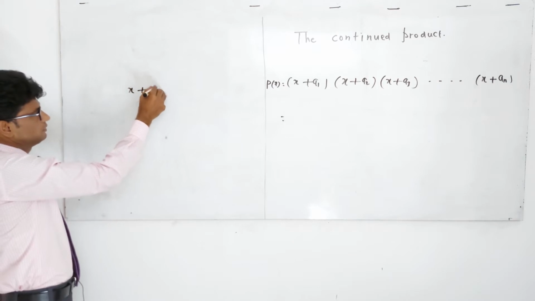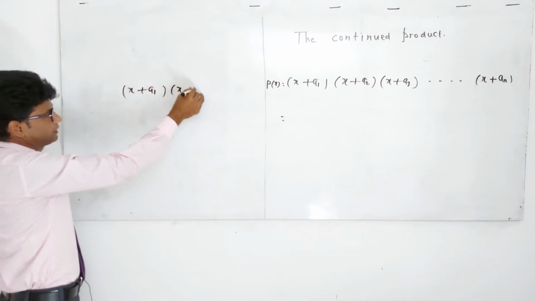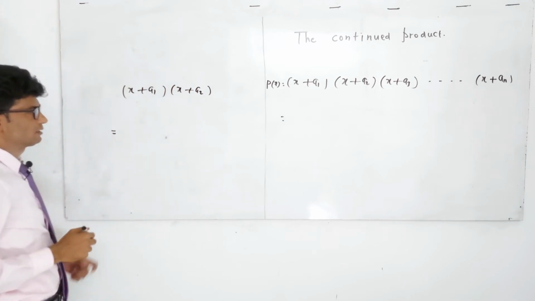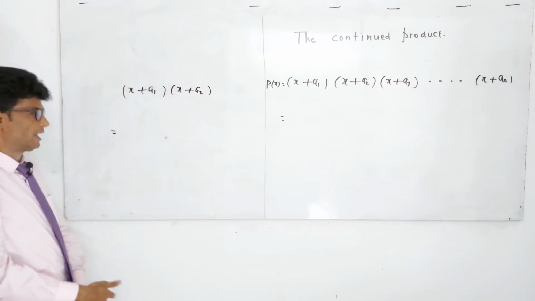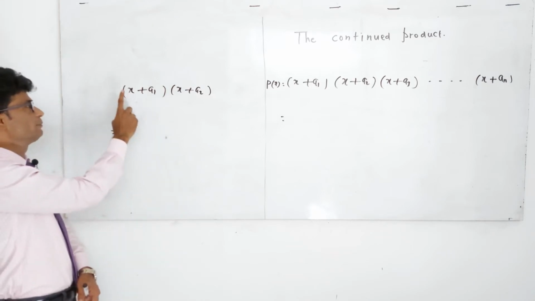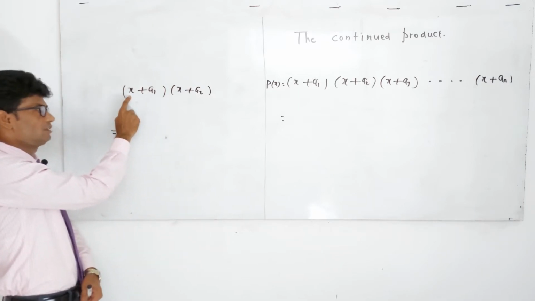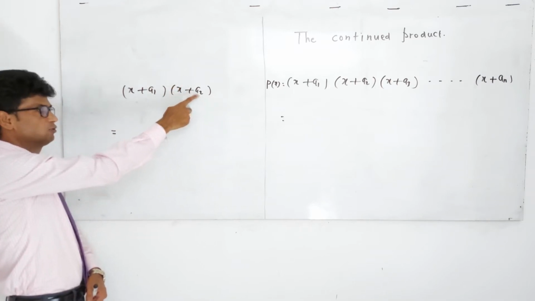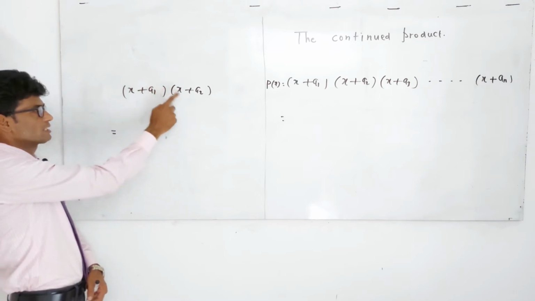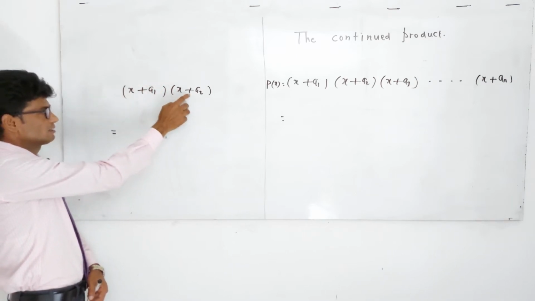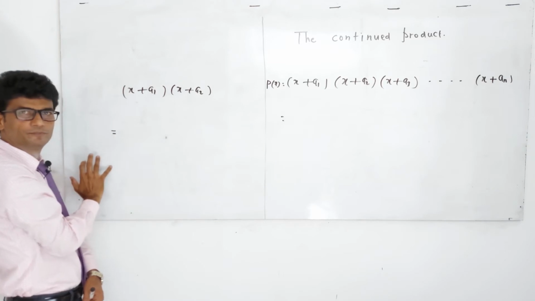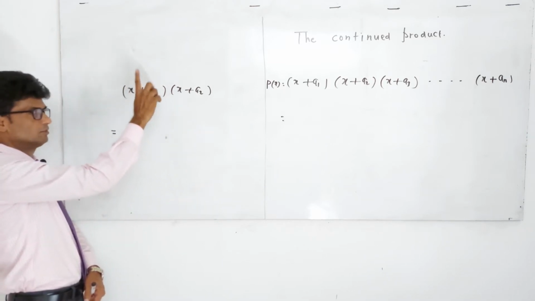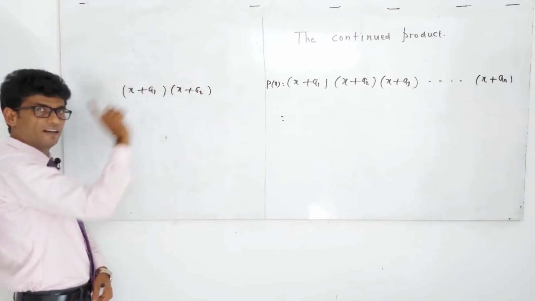x plus a1, x plus a2. So we want to multiply it. We have a general rule. First we multiply the first term with the first and second terms of the second factor. So what are we going to get? x square plus x into a2, and then we multiply the second term with the first and second terms of the second factor.